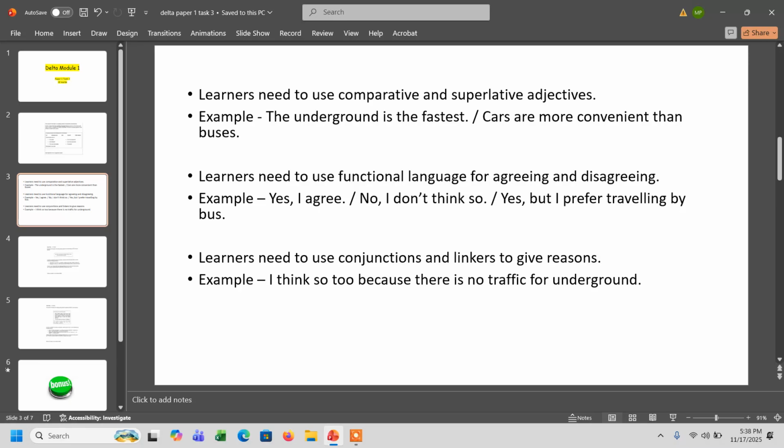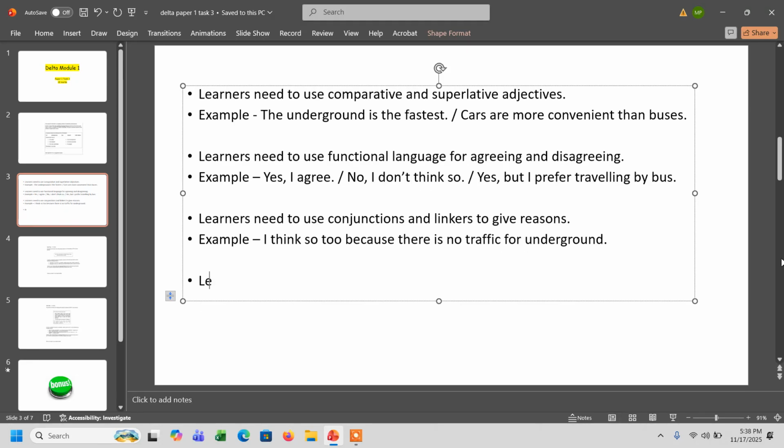Okay. And wait, we also need to think about vocabulary. So learners, you only have to answer 3 things in the exam, but here try to brainstorm as many points as possible. Okay, so learners need to use topic related lessons. Lessons is vocabulary.